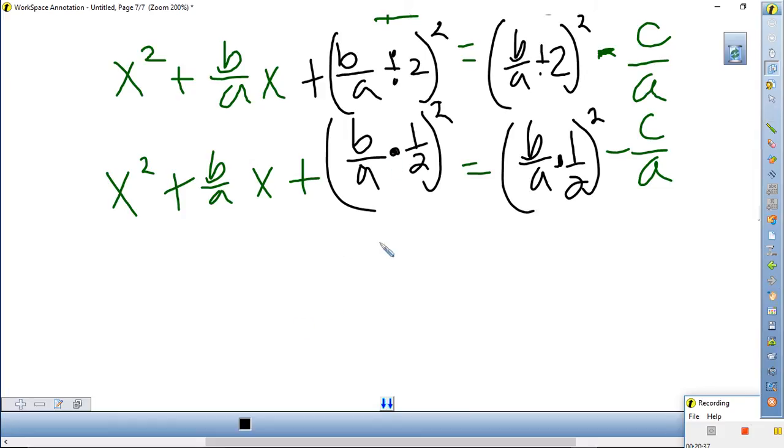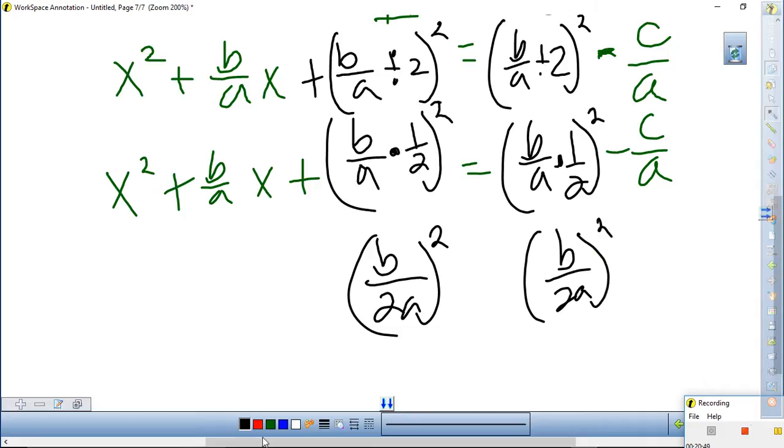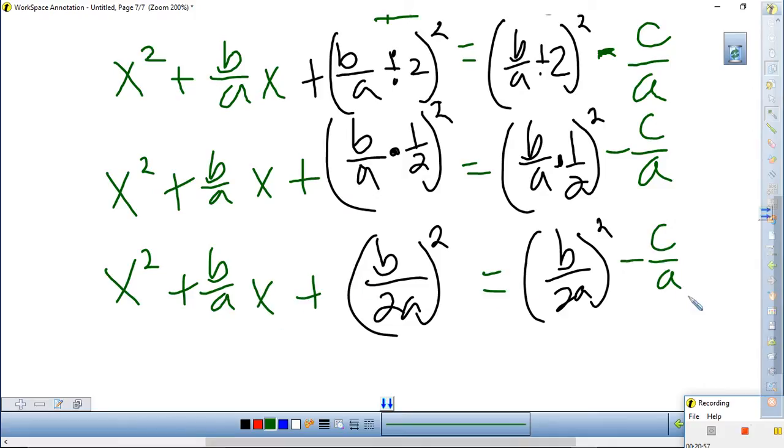What does this become? Thank you. B over 2A squared. Bring everything else down. X squared plus B over AX plus that equals minus C over A.